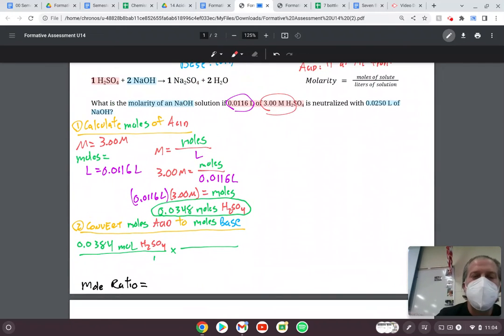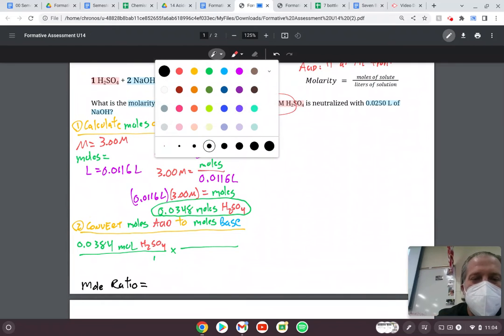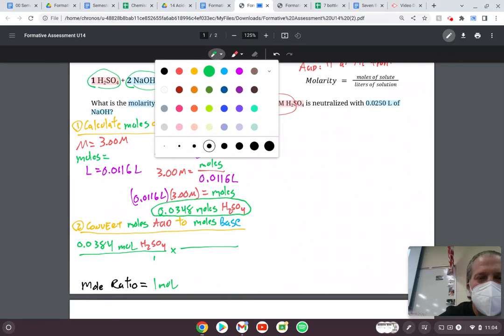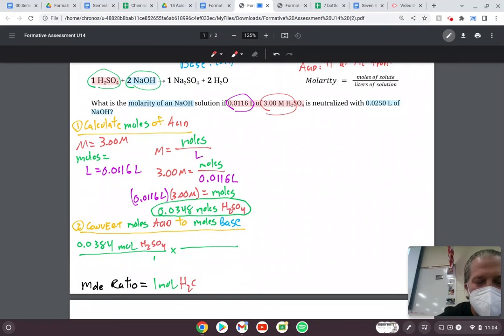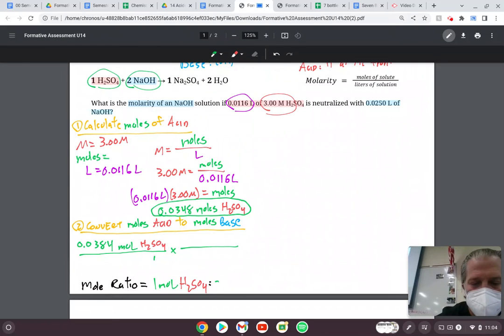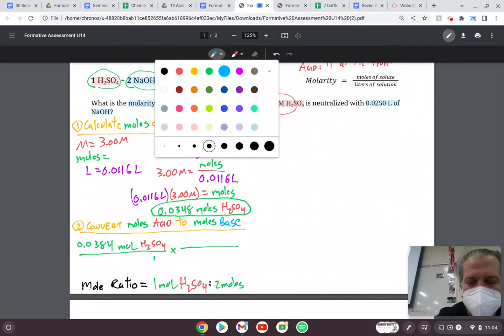In this case, I go back to my balanced chemical equation, and I see that I have 1 mole of H2SO4 present for every 2 moles of NaOH present. So that tells me that I have 1 mole of H2SO4 for every 2 moles of NaOH.